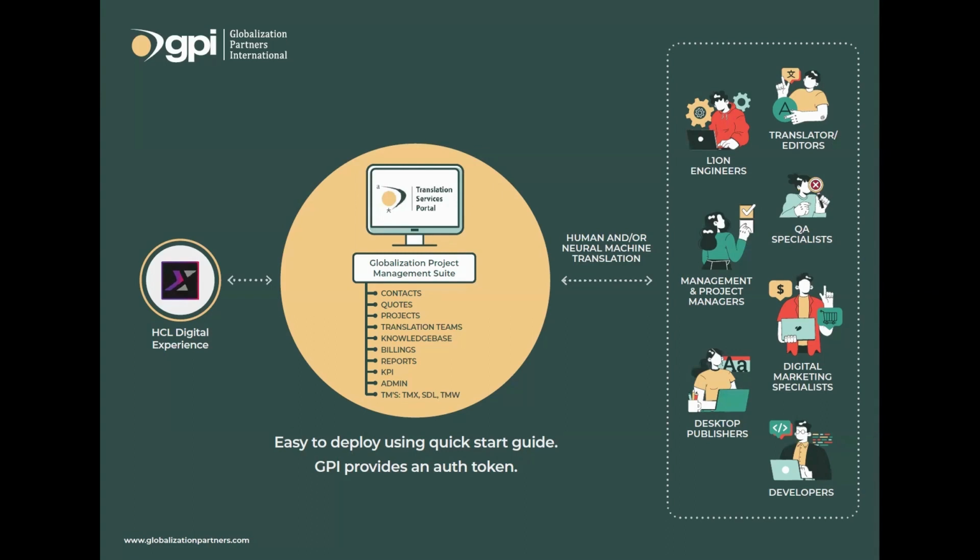First, we will start by looking at the schematics for our HCL Digital Experience Connector. The schematic provides a high-level overview of how the connector serves as an intermediary proxy, seamlessly bringing the main entities, HCL DX, GPMS, our project management suite, and all the internal mechanisms together to automate the translation workflow.